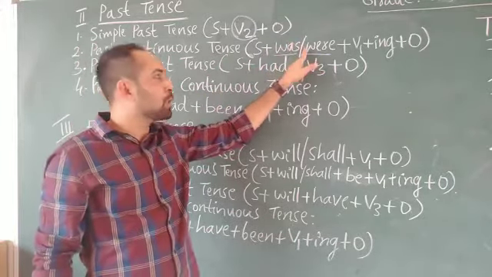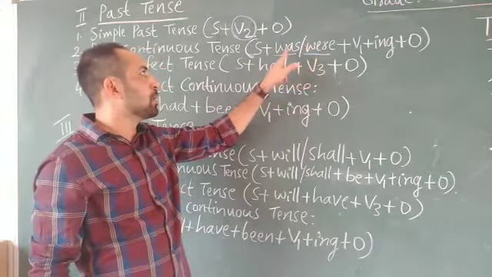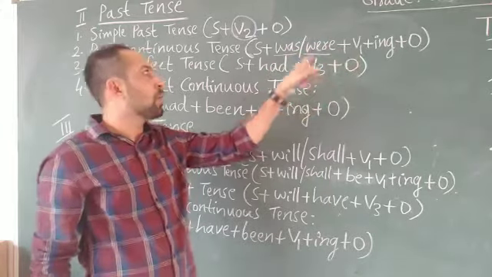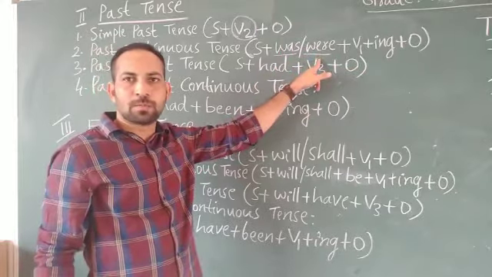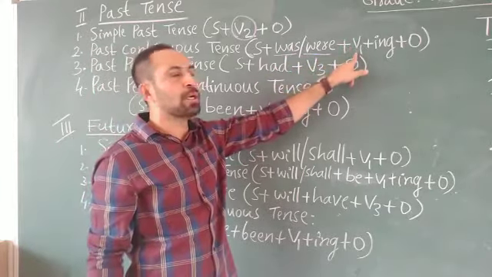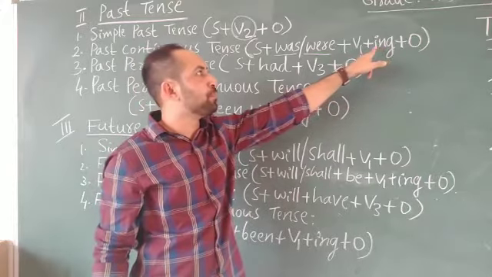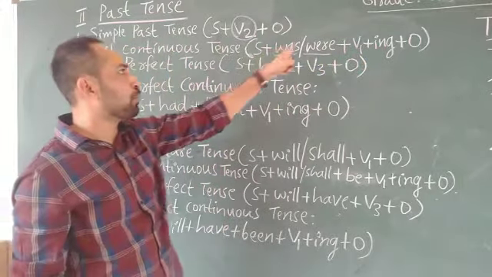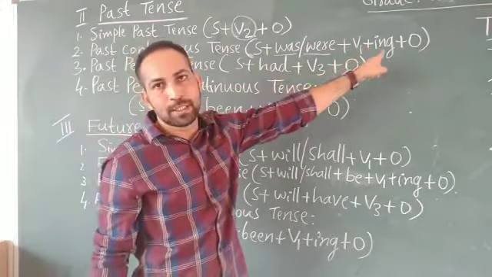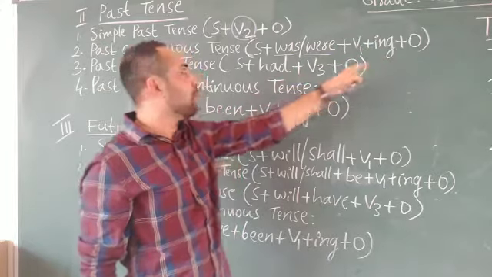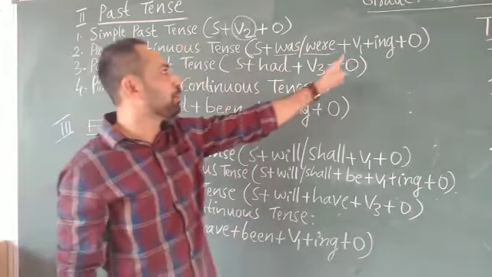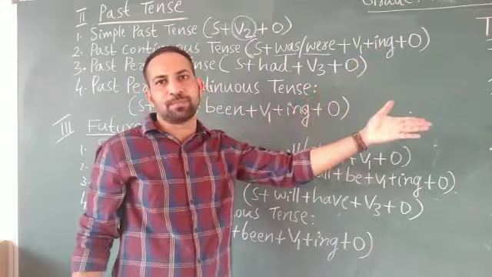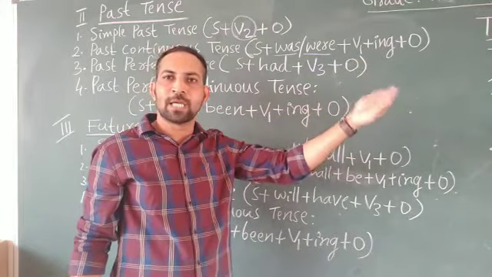Was or were are the supporting verbs, and these are the past forms of is and are. Was is singular, were is plural. Plus V1 plus ing form of verb plus object. Always remember, in continuous tense we always use V1 plus ing form. The example is I was studying English.